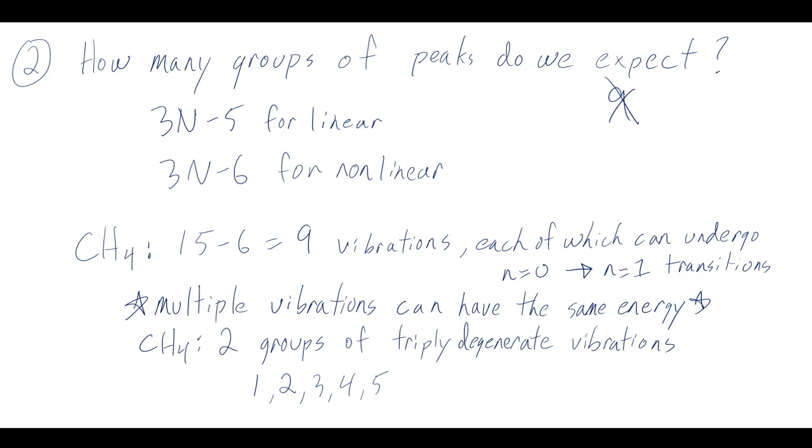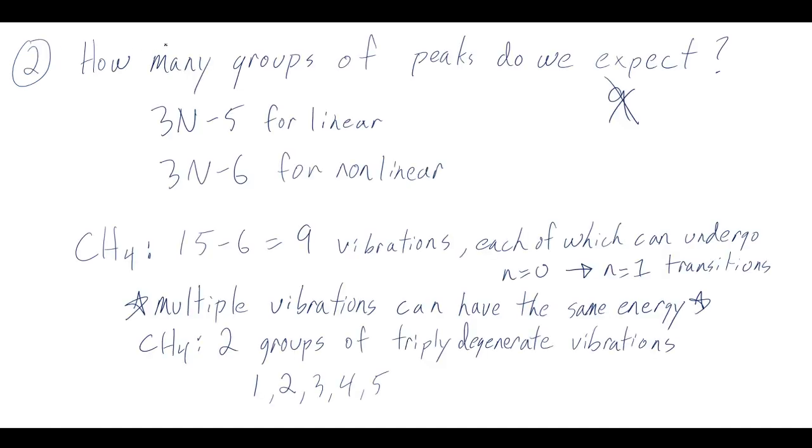Okay, so what about these other 3? Okay, and that's the third point I want to get to, is that even after we remove these symmetry degenerate vibrations, there's still other vibrations because not all vibrations are IR active.